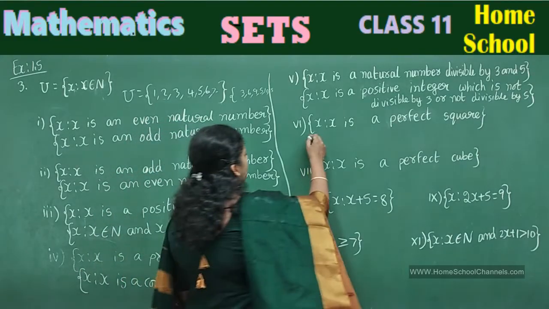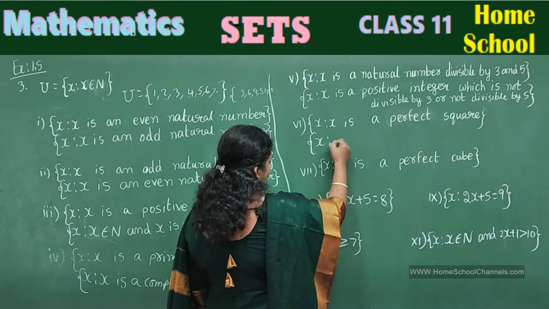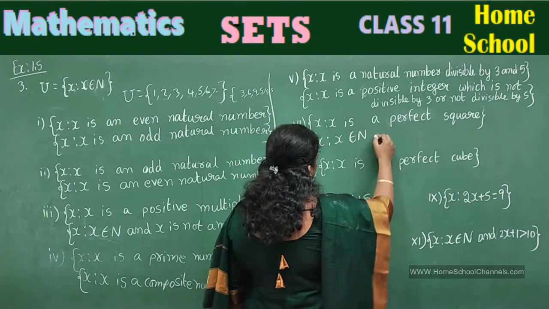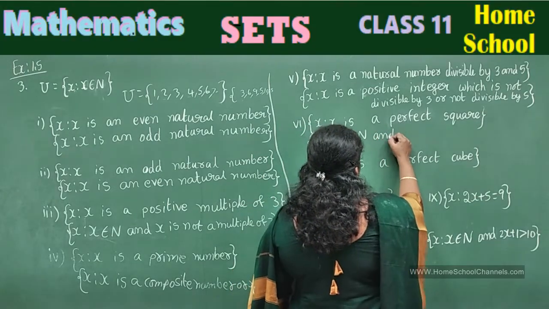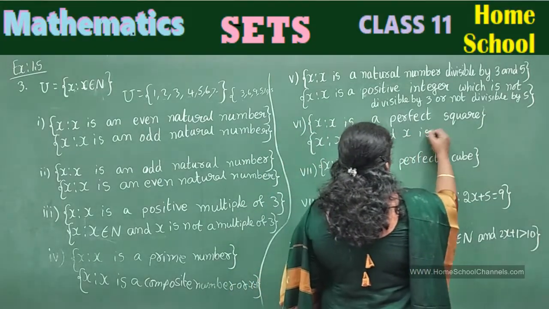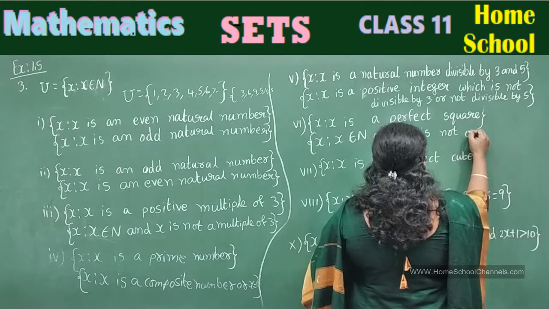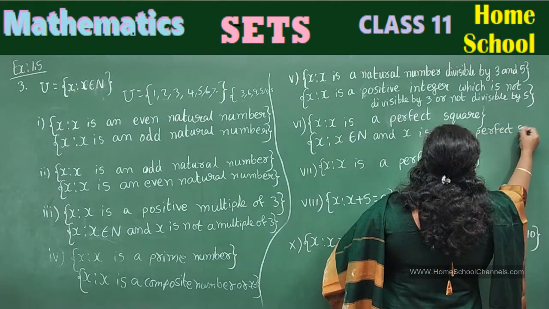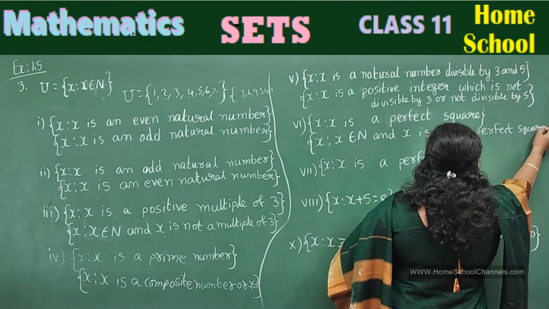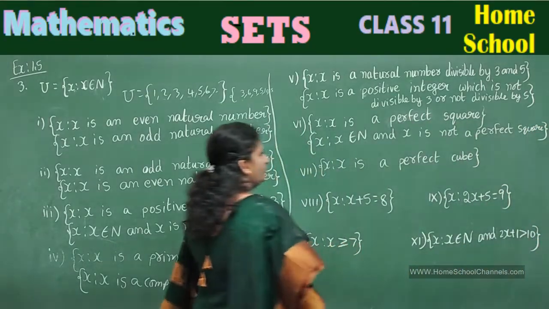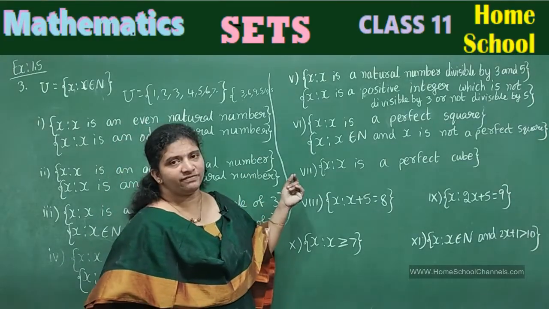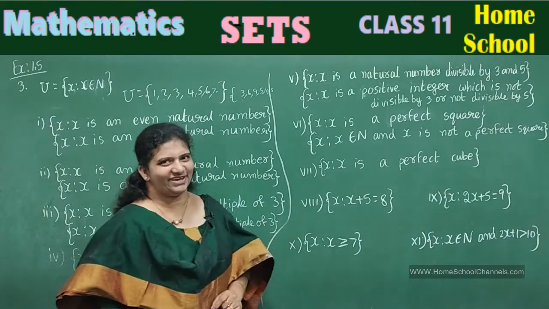That means set of all x such that x belongs to natural numbers and x is not a perfect square. That's all. With this statement we can end it. Right? x belongs to natural numbers, and the complement of perfect square is not a perfect square.